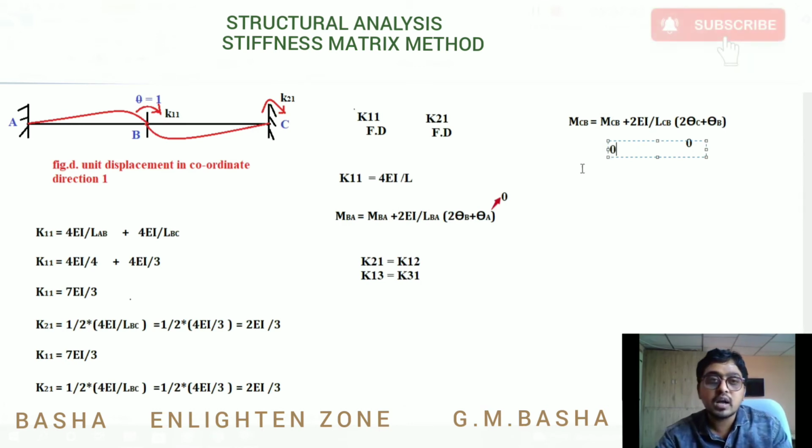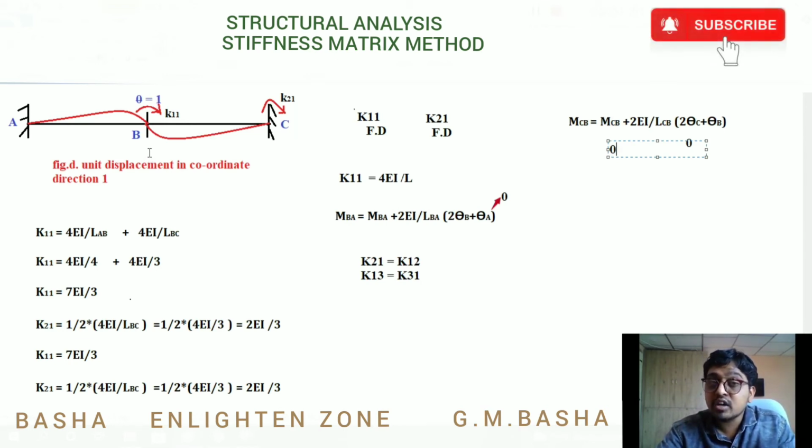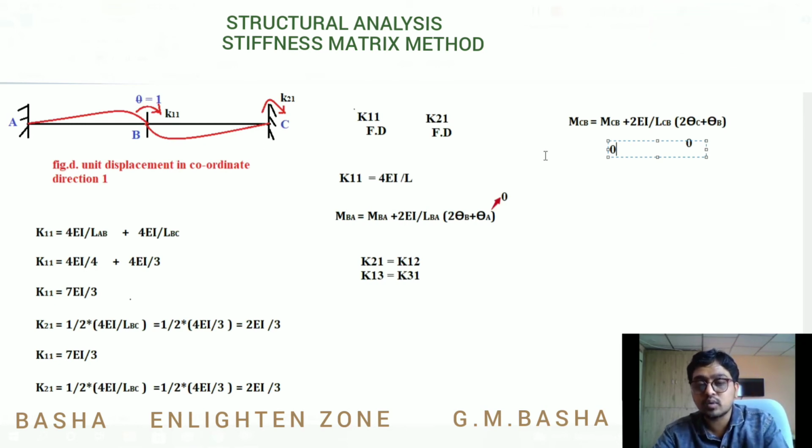Why? Because we are applying only a unit displacement at B and carrying a moment to C, but we are not considering any given loading condition. That is the reason the fixed end moments are considered 0. Without any given loading, how could you get those values?